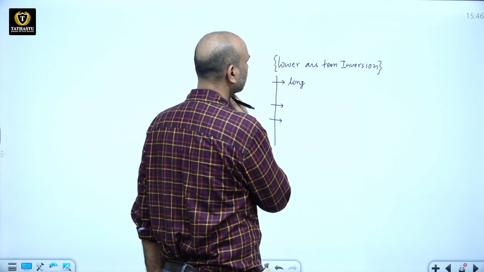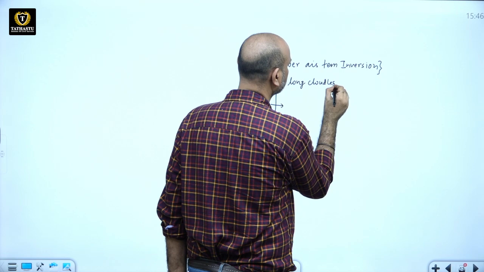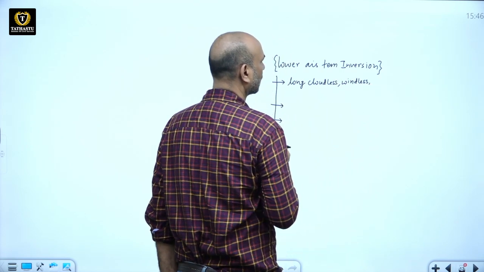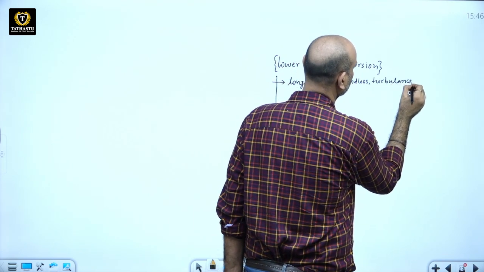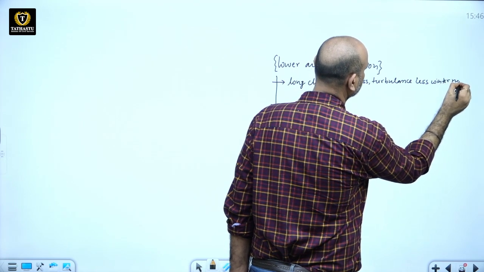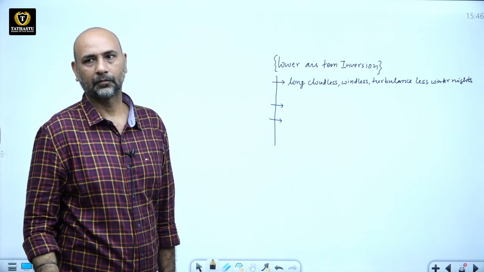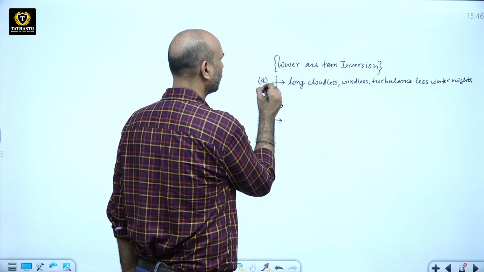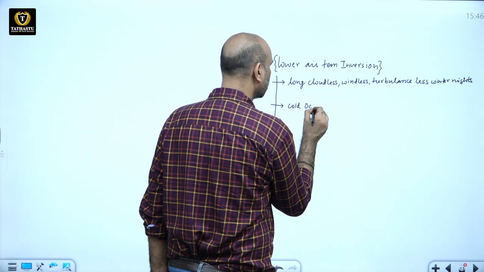Long, cloudless, windless, turbulence-less winter nights. This is situation first. Second, above cold oceanic currents.